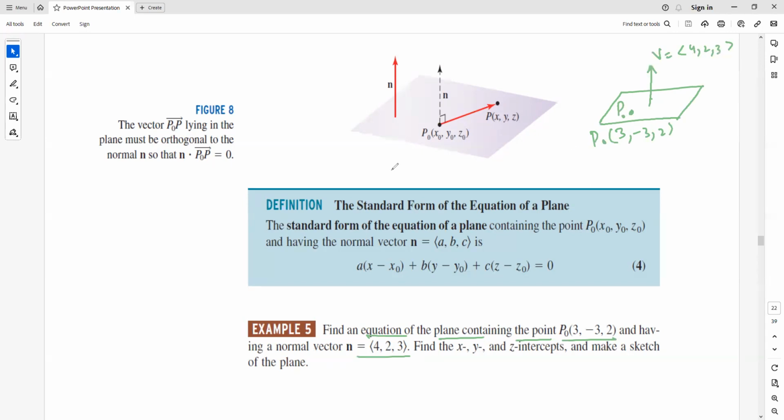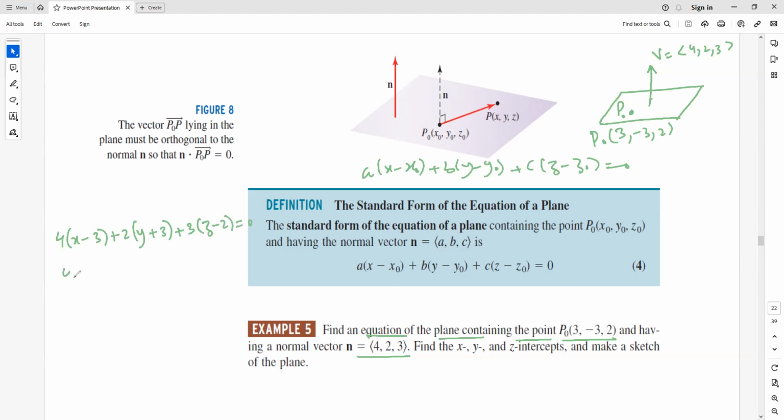By the definition of the equation of a plane in space, we have a times x minus x0 plus b times y minus y0 plus c times z minus z0 equals 0. So a is 4, x minus x0 is x minus 3, plus b is 2, and y minus y0 is y plus 3, plus c times z minus z0, where z0 is 2.